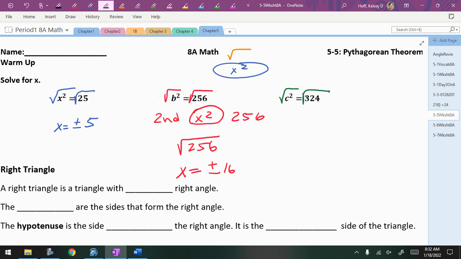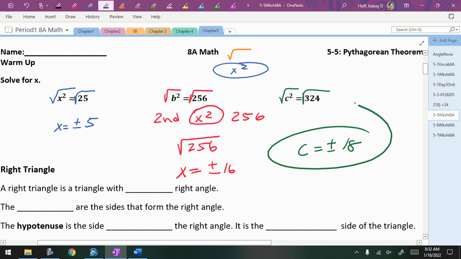What do you get as your answer? 18. Now, your answer needs to say C equals plus or minus 18. Don't have C squared anymore, and don't have a check mark anymore. Make sure you write your answer correctly.